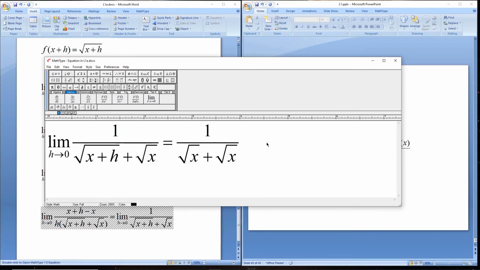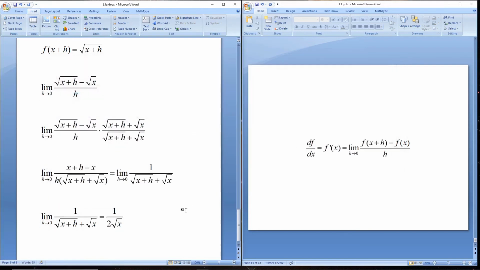We plugged in 0, and there's no division by 0, and there's no 0 divided by 0. So we didn't get any of those failures. And here is our limit. Then square root of x plus square root of x can add together to get 2 square root of x. And that's our answer.